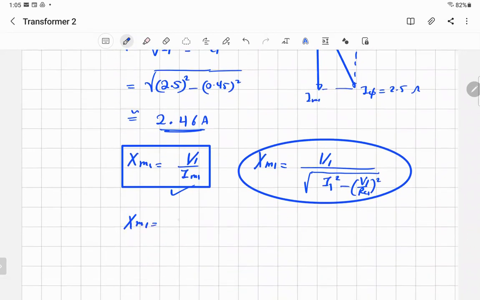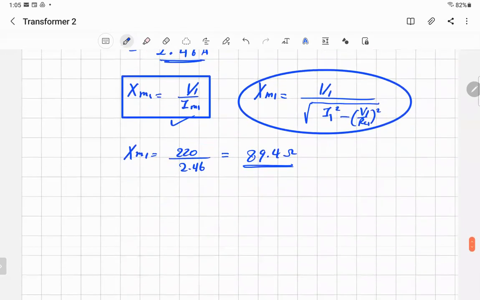You got XM1. Let's find how you get it. XM1 is equal to V1, 220 volts, and IM1 we got as 2.46. So it will be equal to 89.4 ohm. Good. So that's the XM. Now I can make the branch here, the inductance.